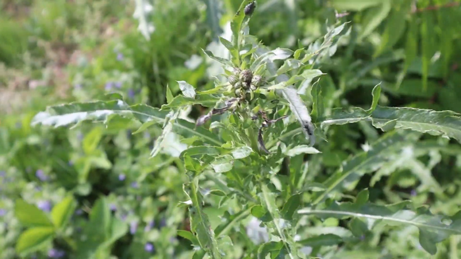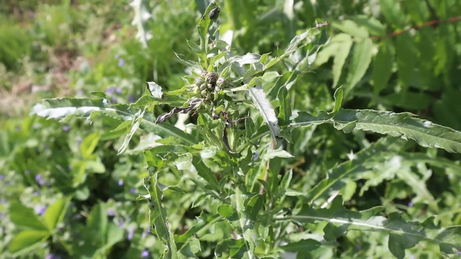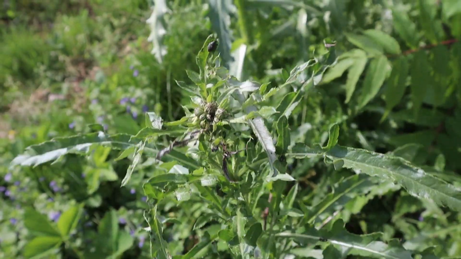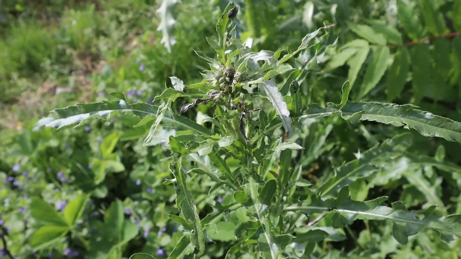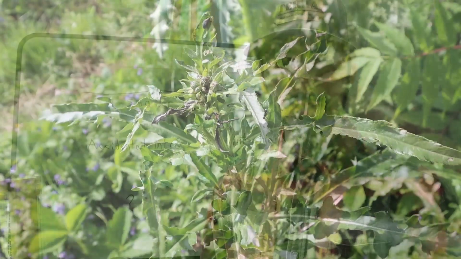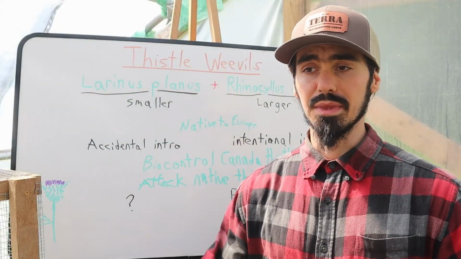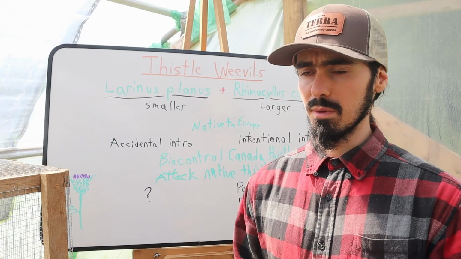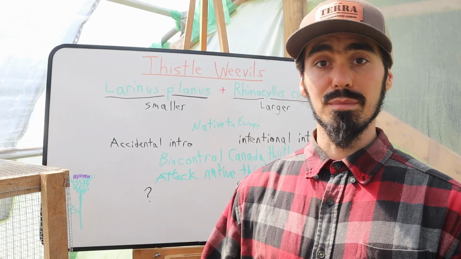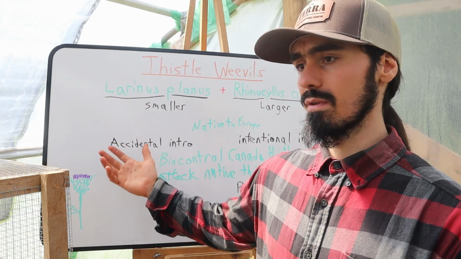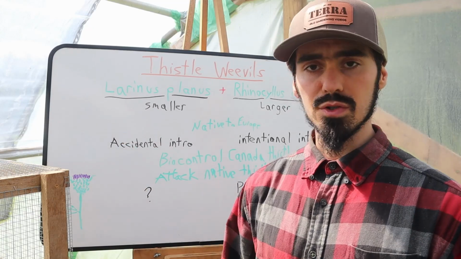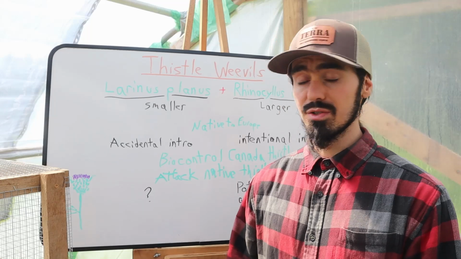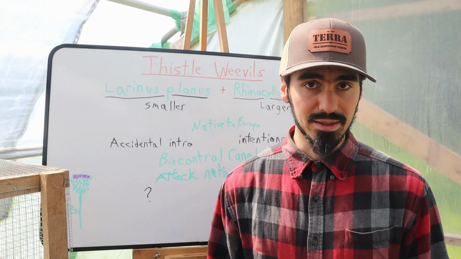And it may, but there would probably have to be extensive testing to make sure, and it may be impossible to make sure 100% completely, that it won't go after natively occurring insects or cause ecological problems or imbalances, right? Because it may jump from its host of these weevils to a different species that is native to North America, which then might make that not a good idea too.